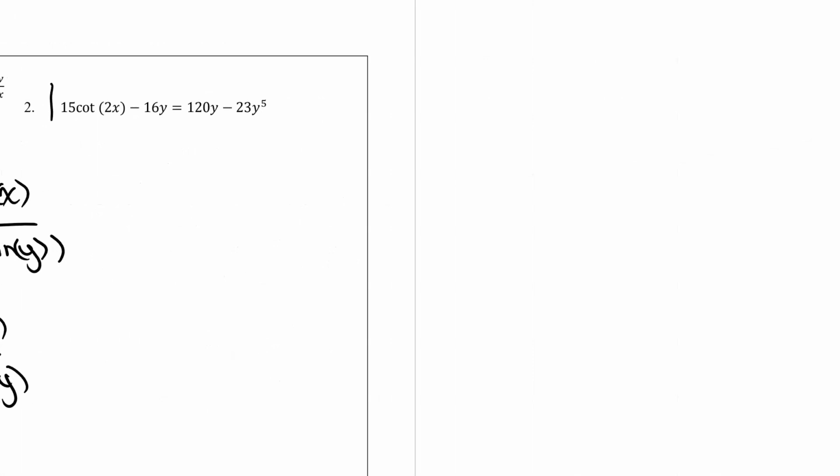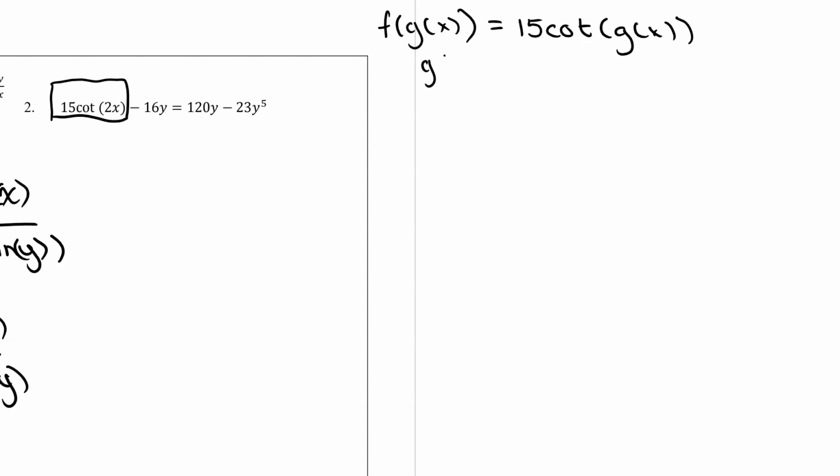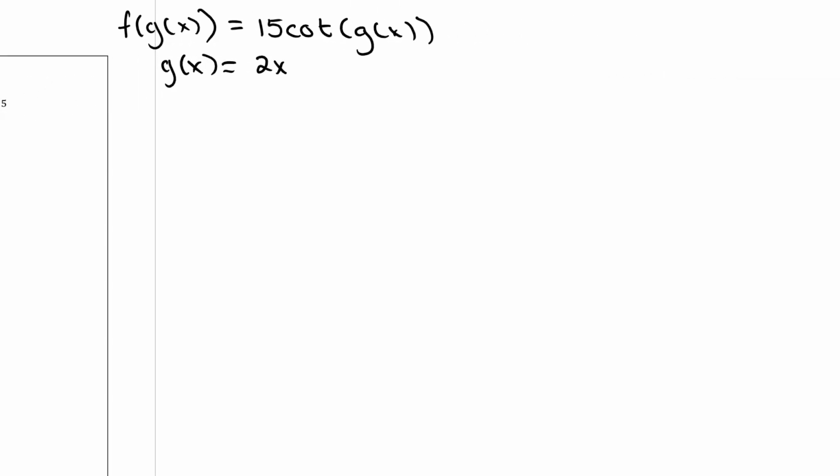Here we've got an outside and an inside, right? You'll notice we've got 2x, and then our outside being that 15 cotangent. So let's go ahead and set that up as we have been doing, right? We're talking about an outside and an inside here. So our outside being that cotangent, and then we left the g of x in there. And then we said g of x is equal to that 2x. We did the derivative of each of these.